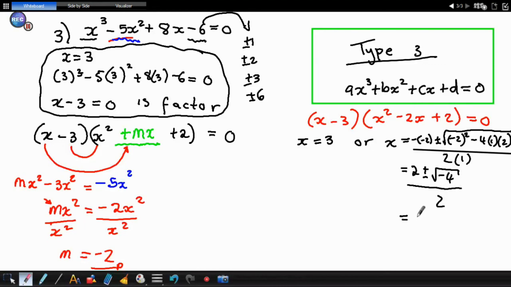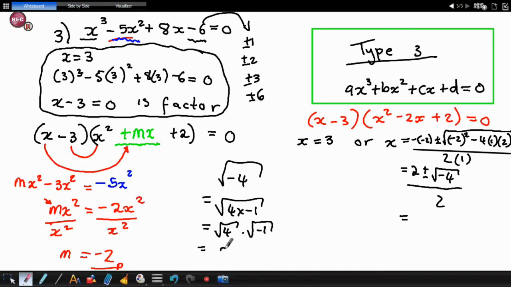And then from here, I know that the square root of -4 will give us the square root of 4 times -1, which will equal the square root of 4 times the square root of -1, and that will be 2, and the square root of -1 is i, so you have 2i.